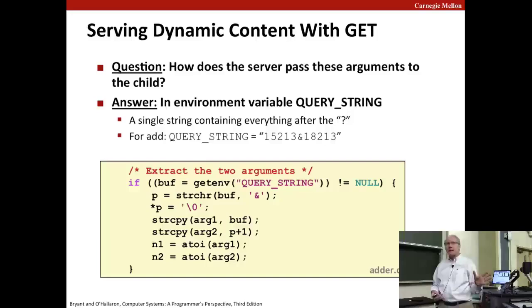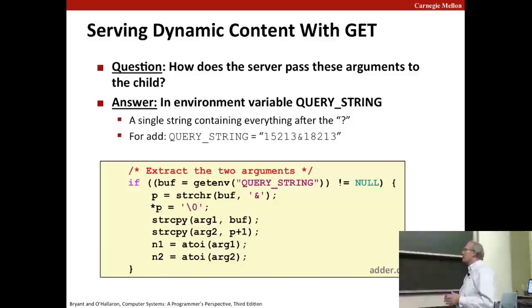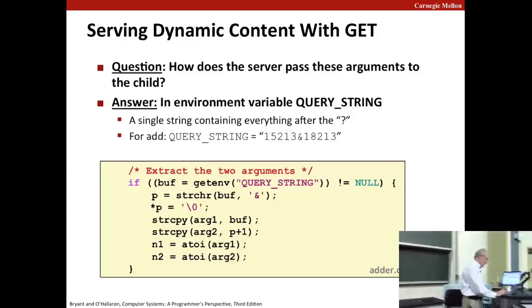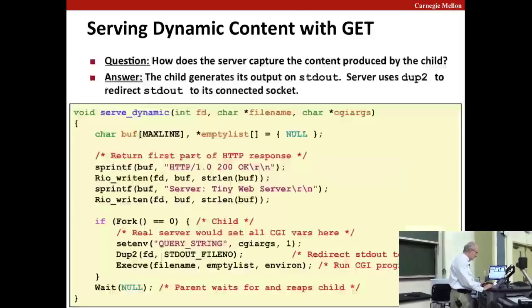You can already see, hey, wait a minute, what if you were running multiple servers at once? You can see you've got a problem here. But actually, no, environments are specific to particular processes, so this will work. So it's creating for the application program, we'll be able to sort of retrieve from the operating system, essentially, what arguments are being passed to it.